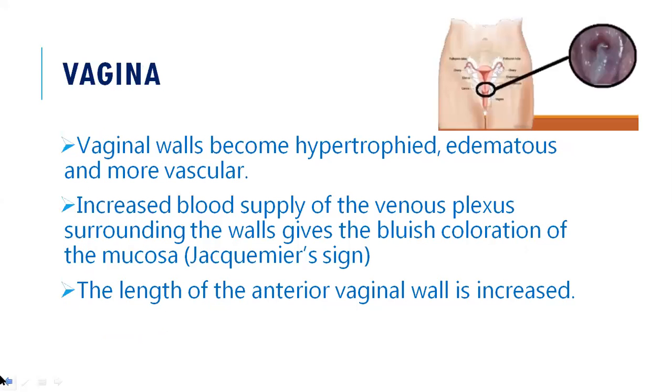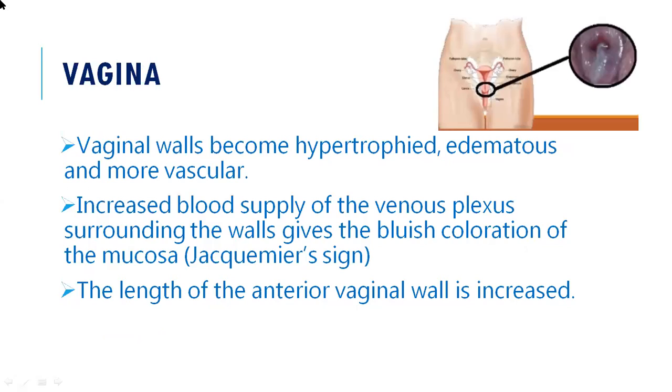So what are the changes occurring in the vagina? Vaginal walls are hypertrophied, edematous, and they become more vascular. So increased blood supply of the venous plexus surrounding the walls of the vagina gives a bluish discoloration.